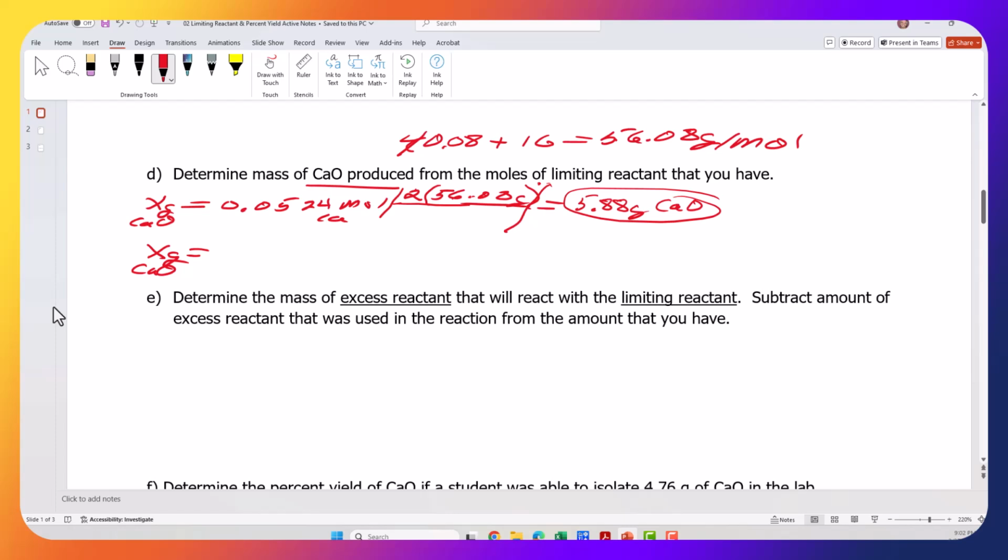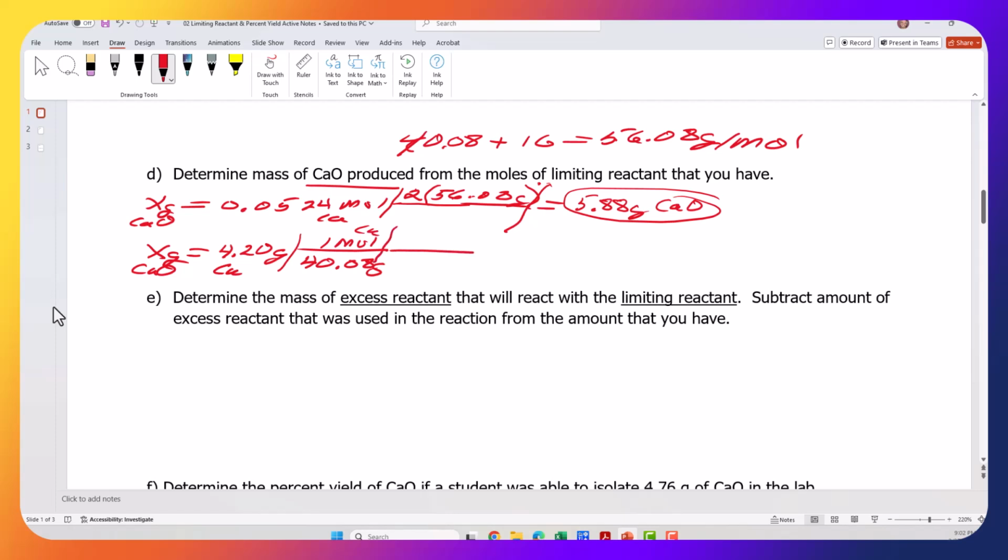So I started out with 4.20 grams of calcium, my limiting reactant. I divided by the molar mass, 40.08 grams for every 1 mole of calcium.